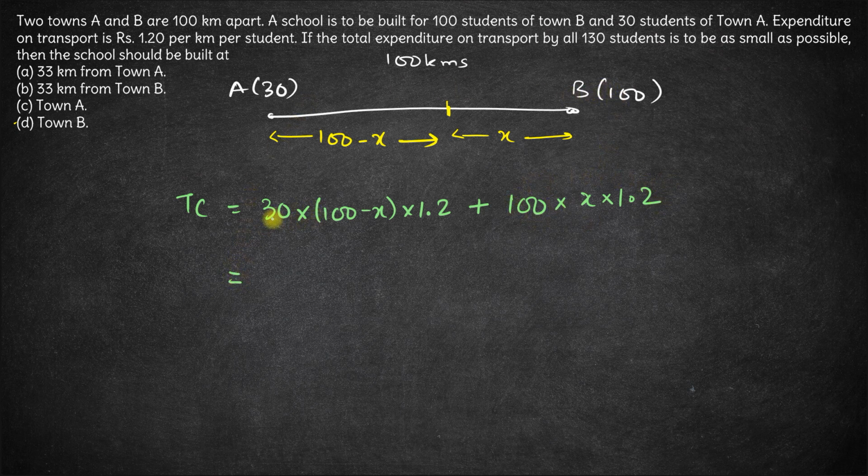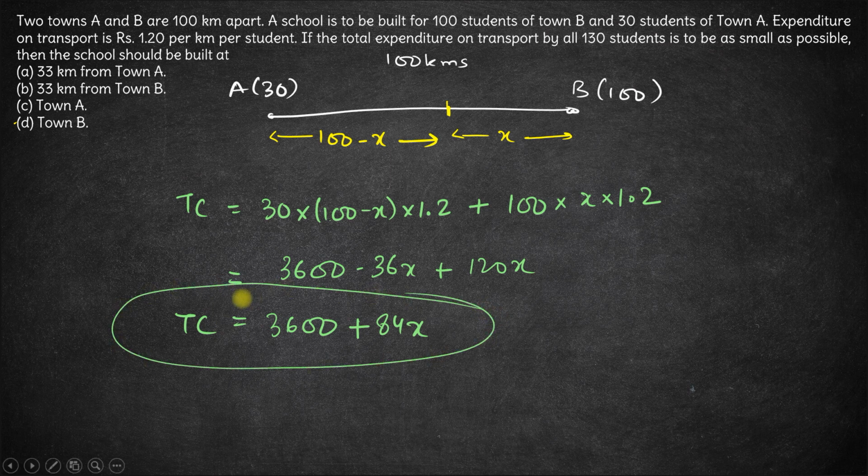So this becomes 30 into 100 into 1.2, which is 3600, minus 30 into x into 1.2, which becomes minus 36x, plus 100 into x into 1.2, which is plus 120x. So this comes out to be 3600 plus 120 minus 36, which is 84x. This is the total cost.